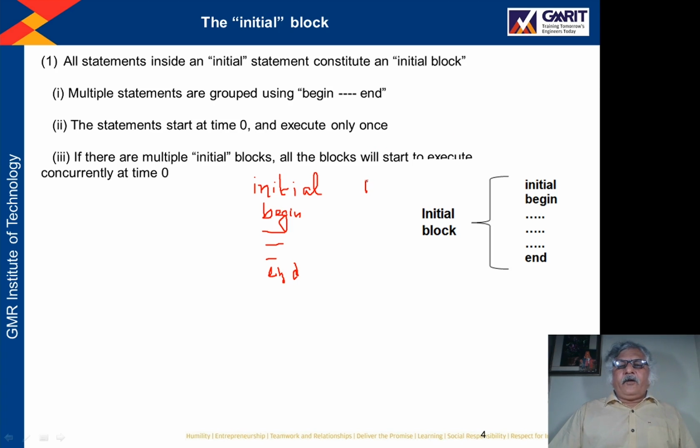This is initial block number 1, and let us assume there is another, initial block number 2, which also has some set of instructions written inside begin and end.